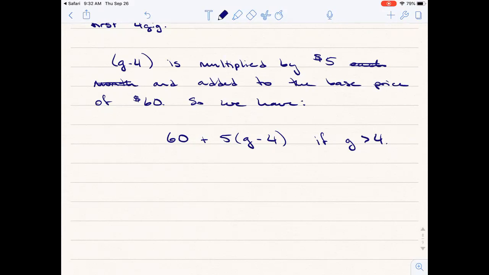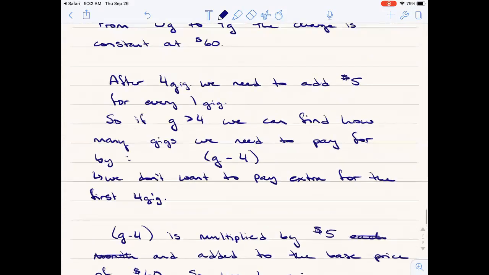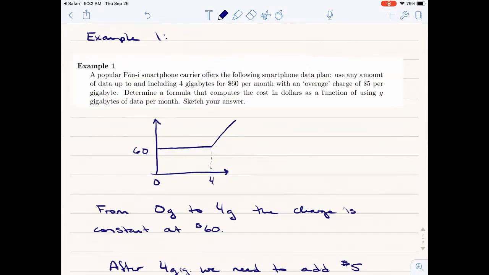And graphically, what you're talking about would look like this, where you're just increasing by 5 each gig, starting at 60. But we want to have this where we have 60, 60, 60, and then it takes off.